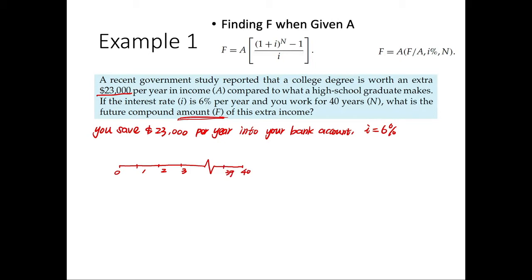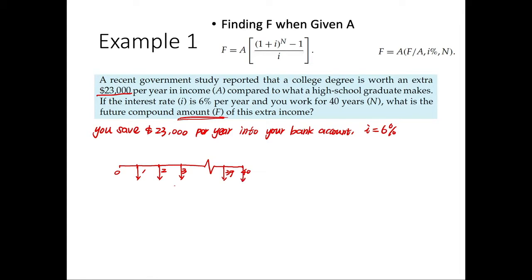And because you're looking at this from your point of view, you save 23,000 per year into the bank account. That money is out from your pocket, so it's a cash outflow, arrows going downward. And they're all the same length because they are the same amount. It occurs at the end of the first year, and it continues until the end of the 40th year.